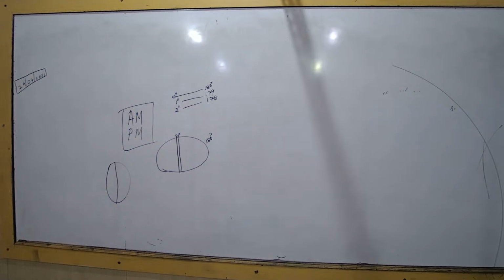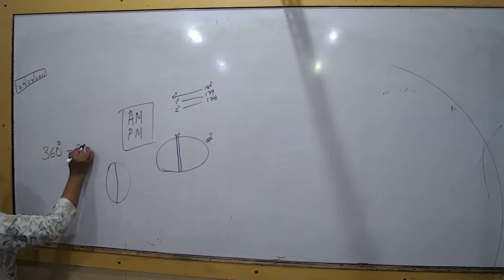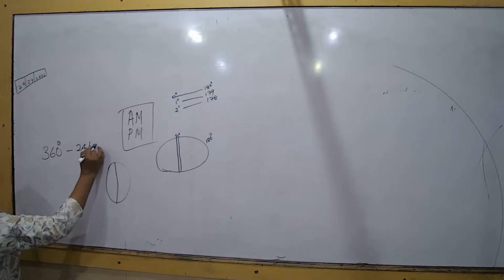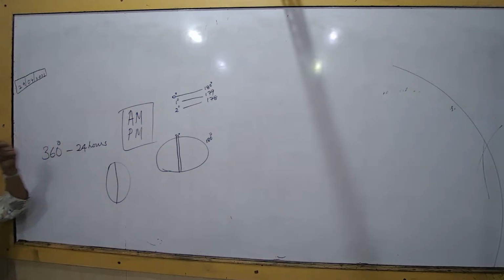Now, longitude and time. The Earth makes a complete circle on its axis and covers 360 degrees in 24 hours, or more specifically, 24 hours, 4 minutes, 0.09 seconds. We are taking that 360 degrees rotate in 24 hours.